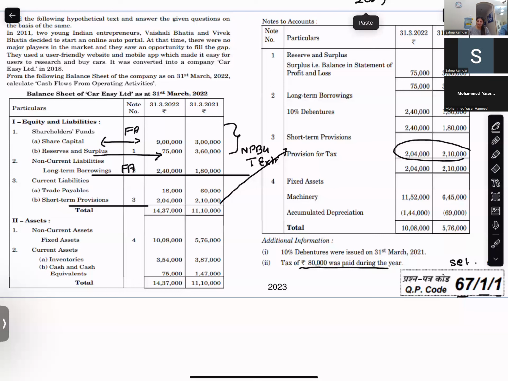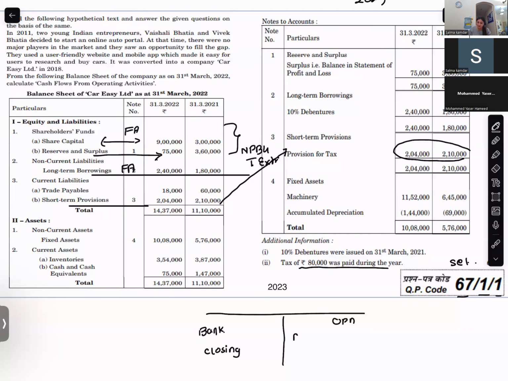Opening provision comes on the credit side. Closing provision comes on the debit side. Bank will come over here on the debit.